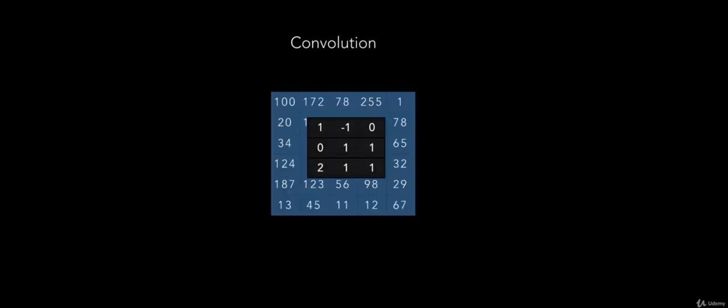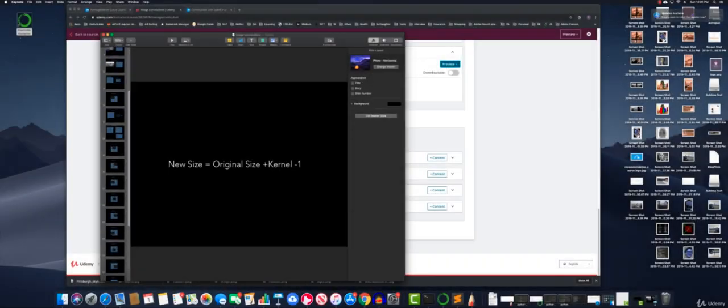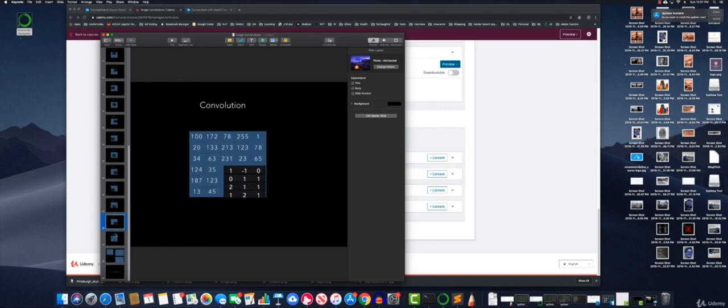If you continue the operation and calculate the final output, the final matrix will be of size 3 by 3. So the convolution operation has reduced the size of our matrix from 5 by 5 to 3 by 3.